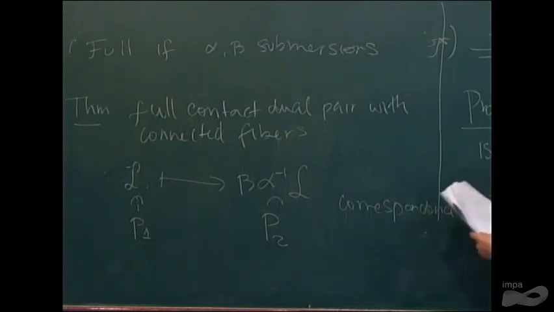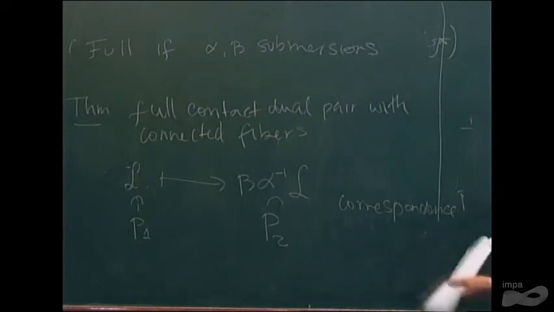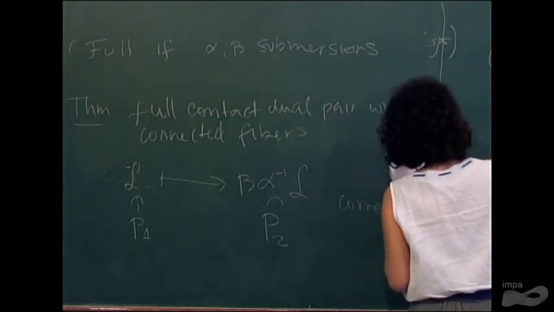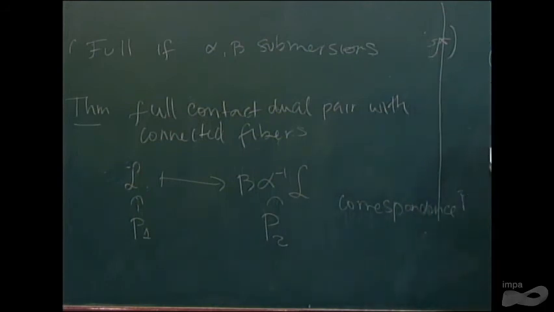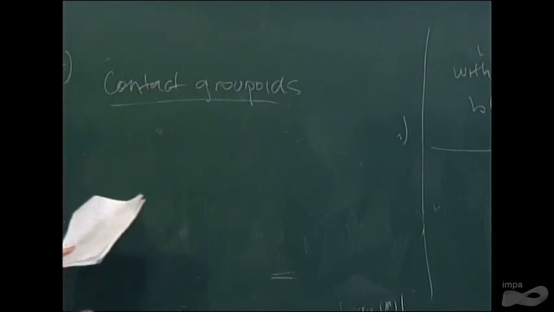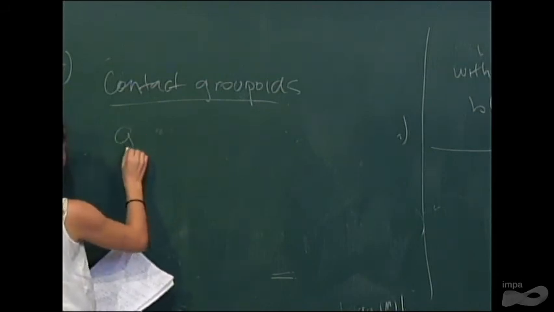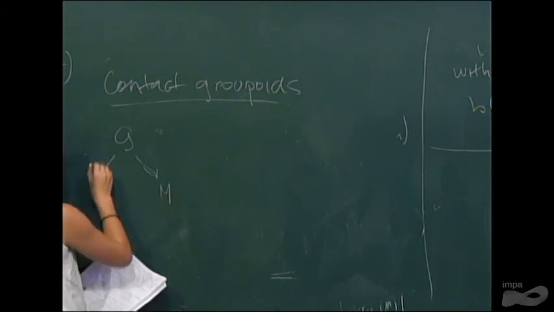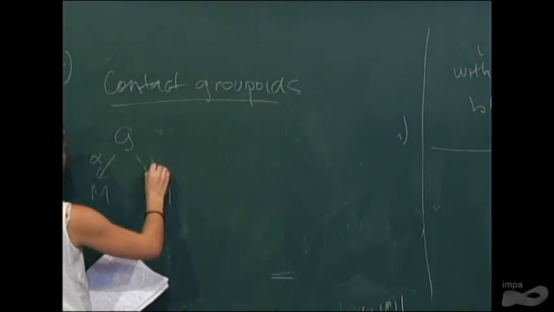Okay, so coming back to our example. No, let me tell you some other example, which is not quite an example, but kind of, which are contact groupoids. Well, a contact groupoid is a Lie groupoid G over my manifold M. I will denote the source with alpha and the target with beta.